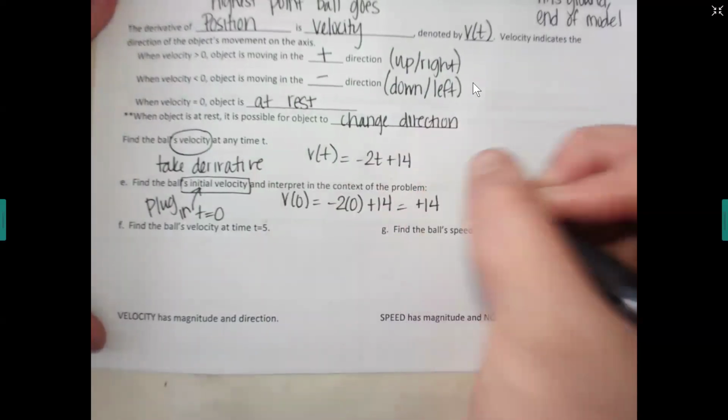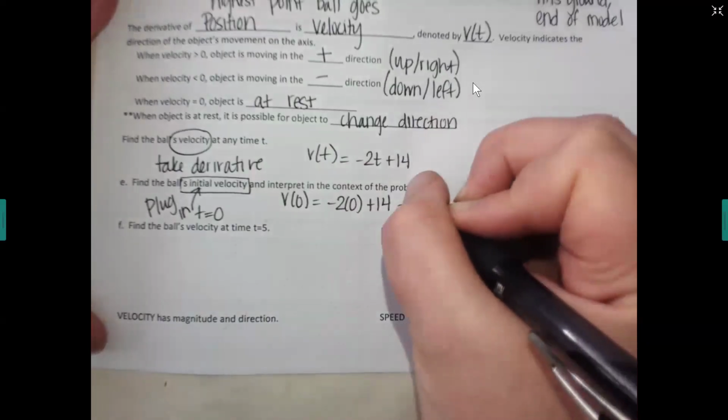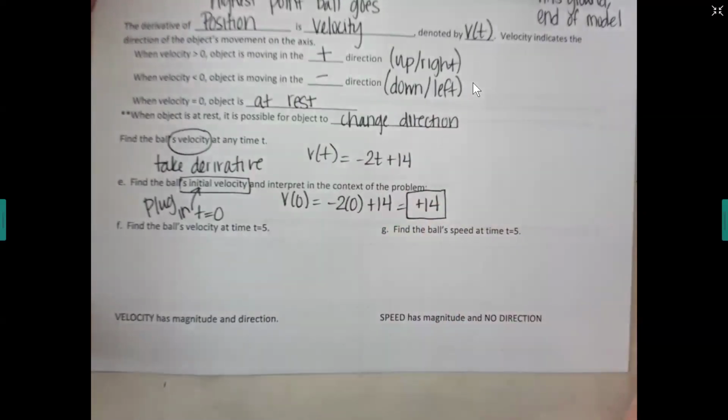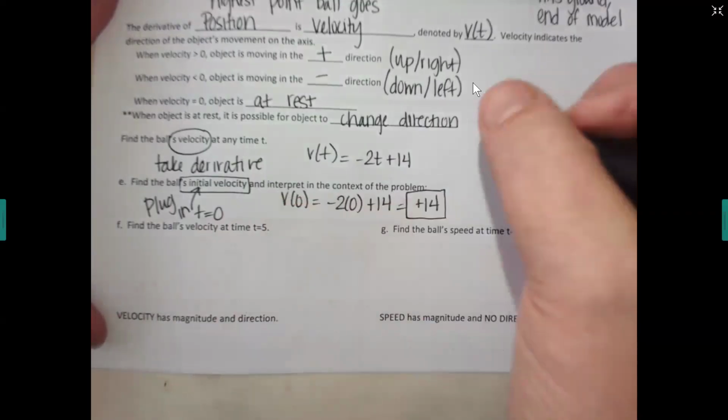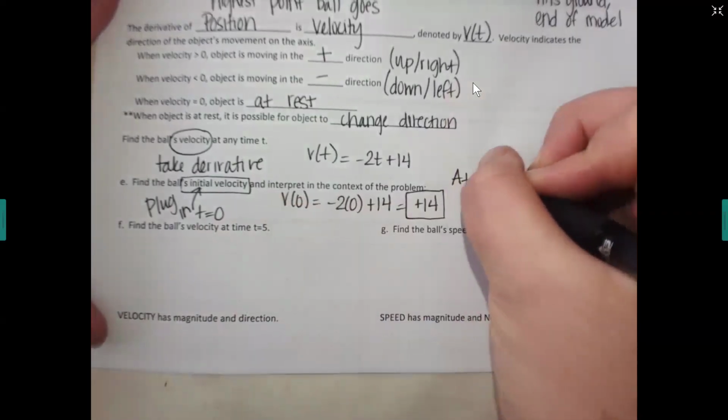14. Now, I'm going to put a positive in front of that, and here's why. Remember that the positive tells me something. It tells me it was traveling up, versus a negative would have told me that it would have been traveling down. So it says to interpret in the context of the problem. So I'm going to show you what I mean by that.